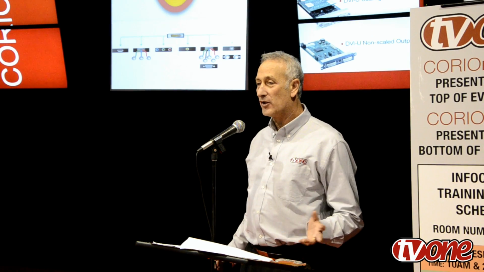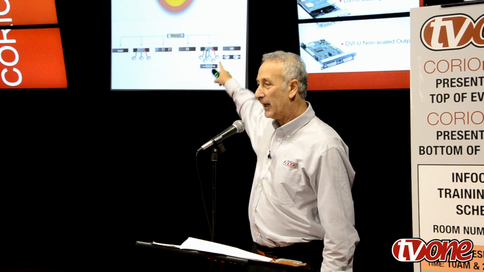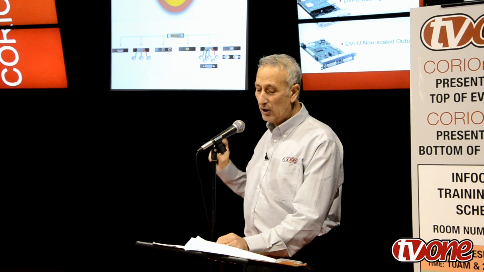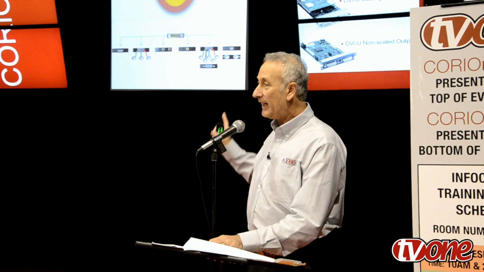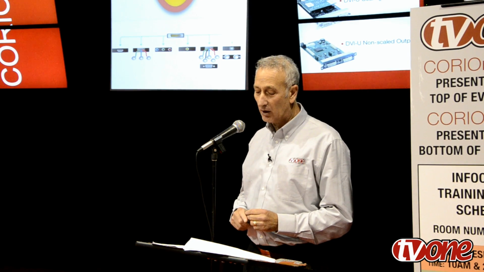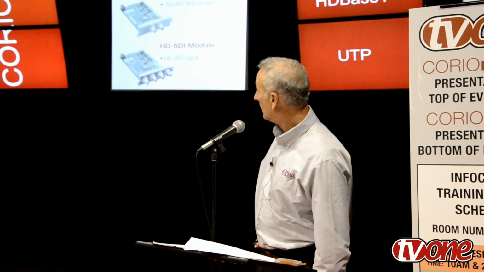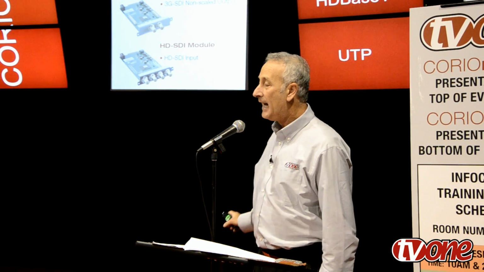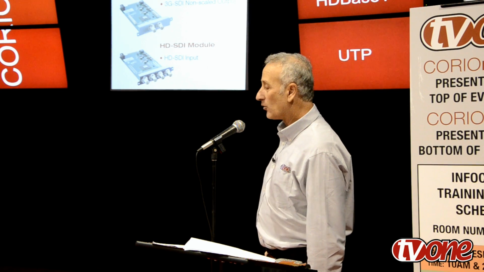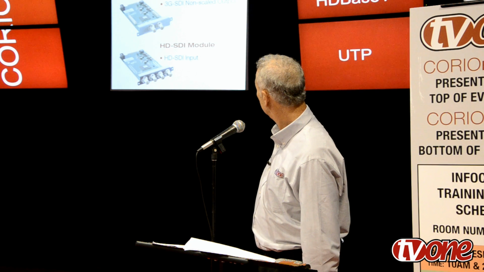Now the video sources that can go into the CORIOmaster, they're listed in the bottom of that triangle under DVI-U. If we're talking about DVI-U, the U truly means universal. Any of those different signals can come in. All you have to do is choose the right adapter. We also are available in SDI format, and later this year, fiber optic, HDBaseT, as well as UTP.